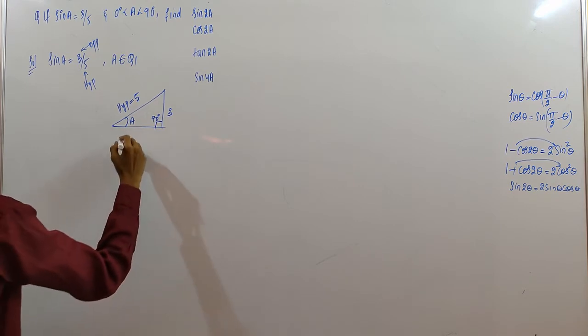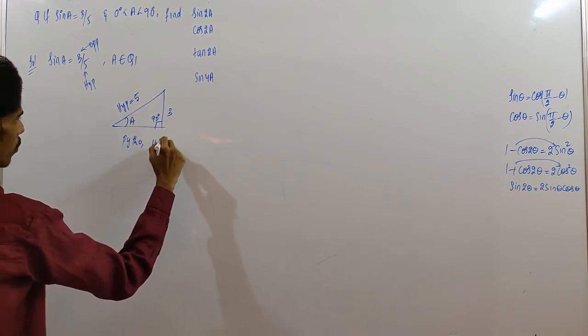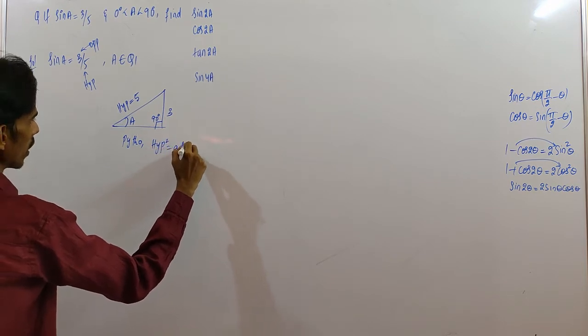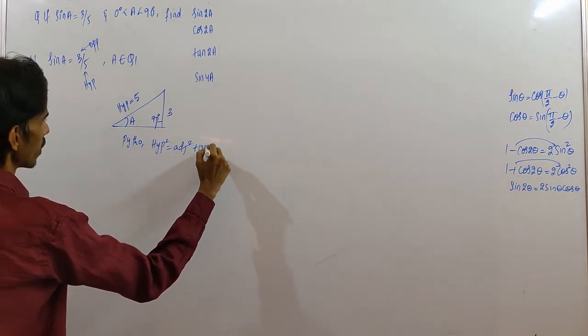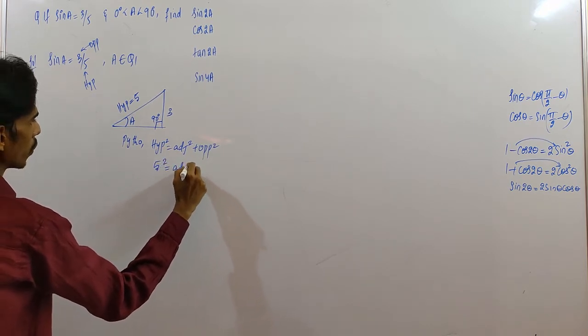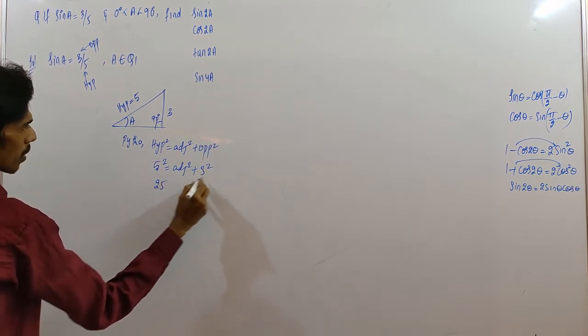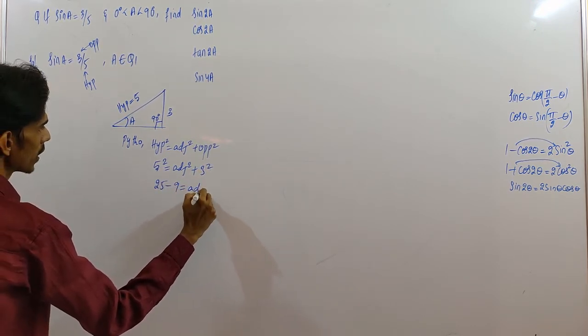Apply Pythagoras theorem. By Pythagoras theorem, we have hypotenuse square is equal to adjacent square plus opposite square. Hypotenuse is 5 square, adjacent we don't know, opposite is 3 square. 25 minus 9 is equal to adjacent square.